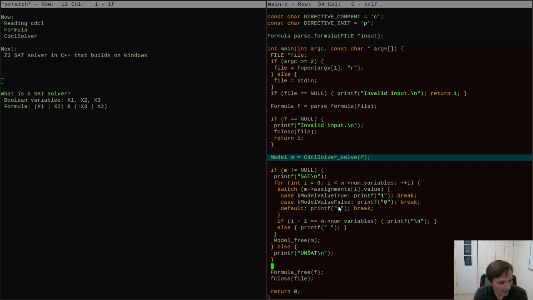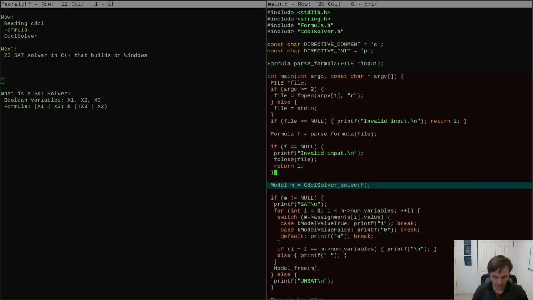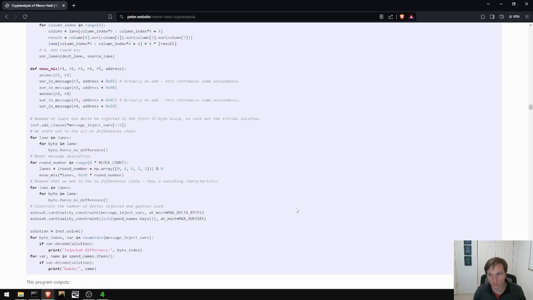But yeah, they're all fully aware. It's a cool paper too. Maybe I should go find that and link it for y'all. Meow Hash, cryptanalysis of Meow Hash. It's cool because the article I'm talking about has an interactive HTML element where you can play with the bits on the input.